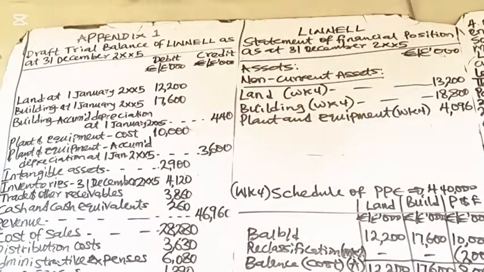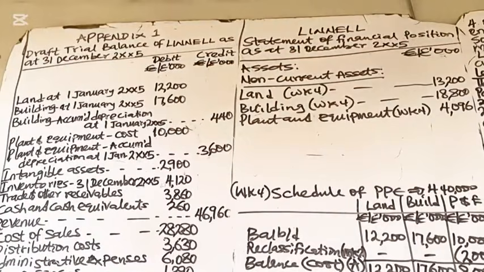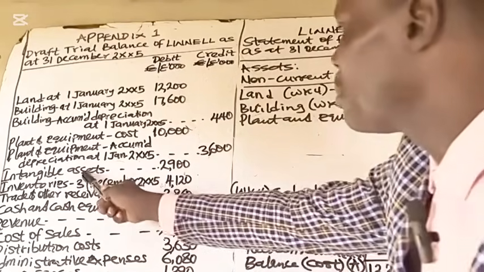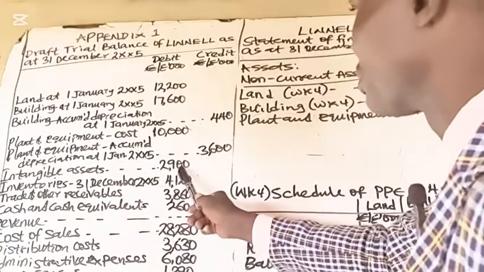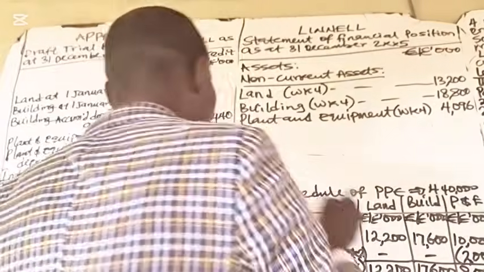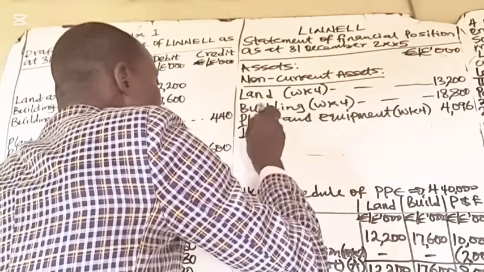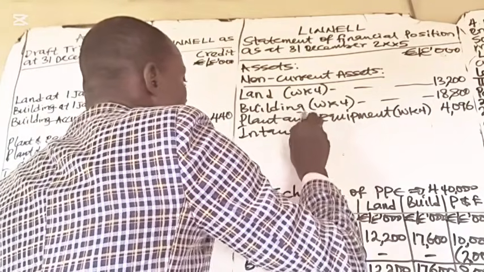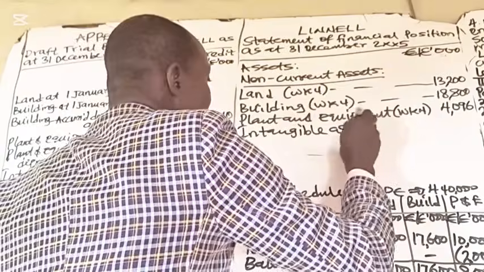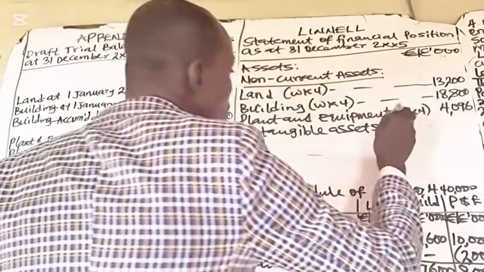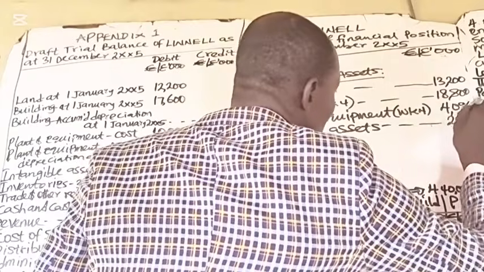After this, let's go through our trial balance. In our trial balance, we have intangible assets of 2,900.